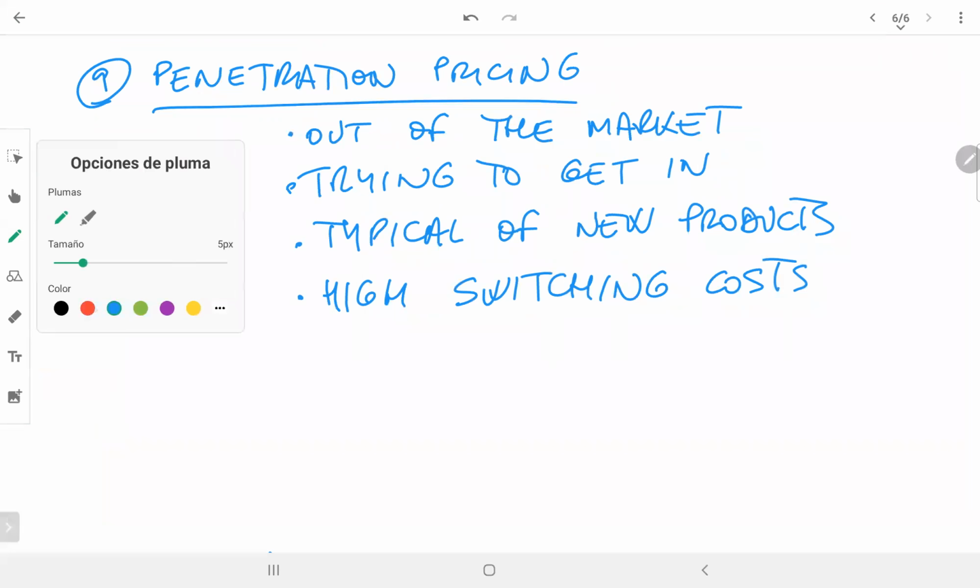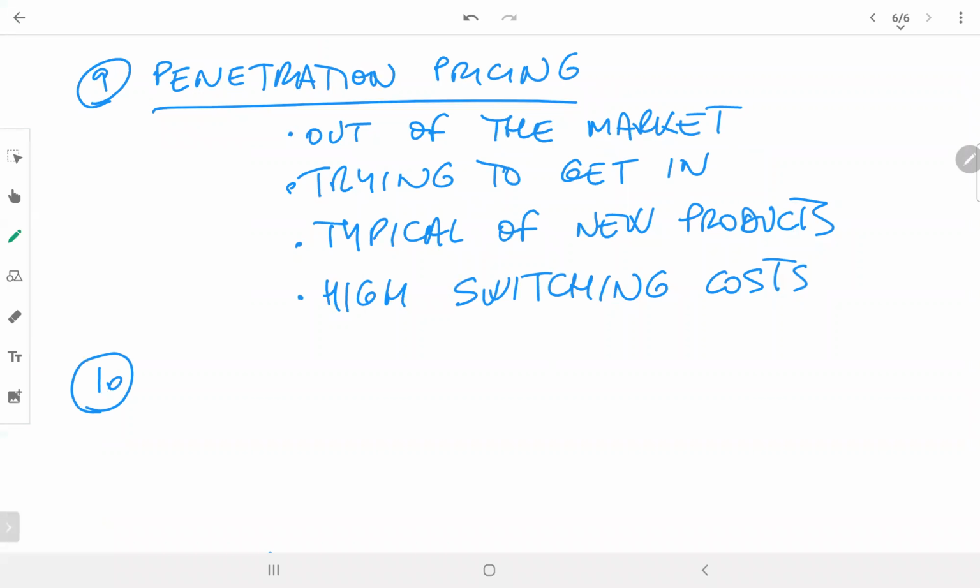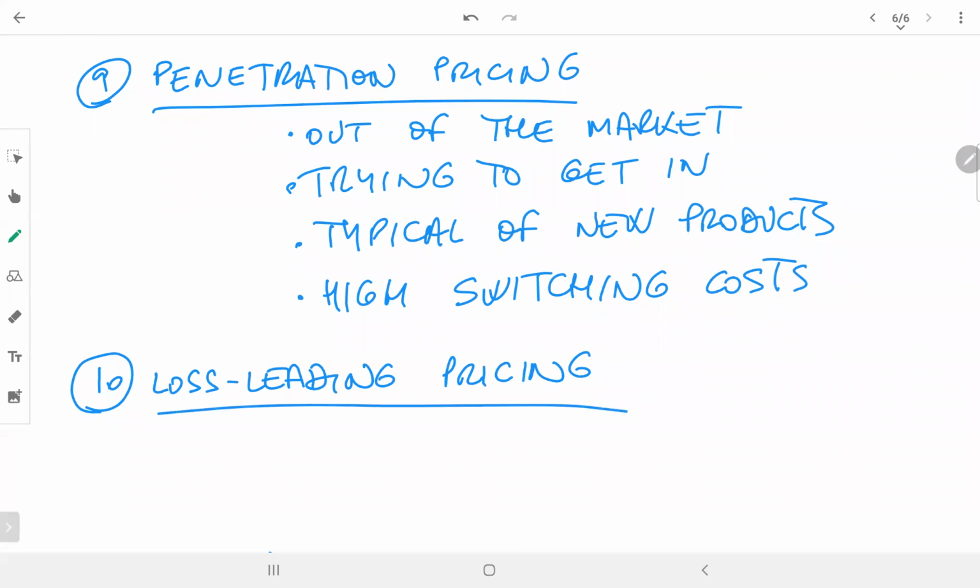And number 10 is loss leading pricing. You know this one already. But before we move on to loss leading, let's read a couple of articles on penetration pricing.